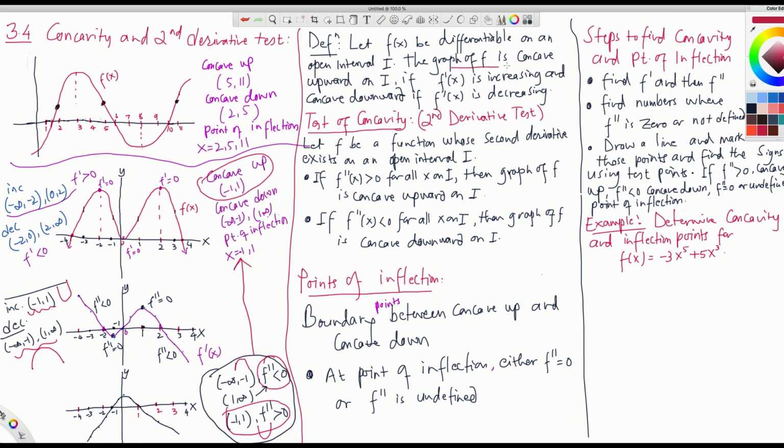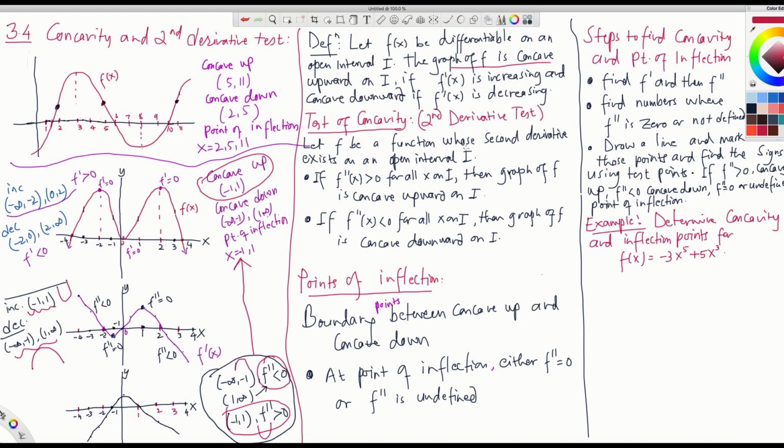The graph of f is concave upward on I if the first derivative is increasing. In that region, it is concave up. And it is concave down if the first derivative is decreasing. So we don't check with the first derivative, we will check with the second derivative. To check concave up and concave down, we will use the second derivative. Let's read this one.